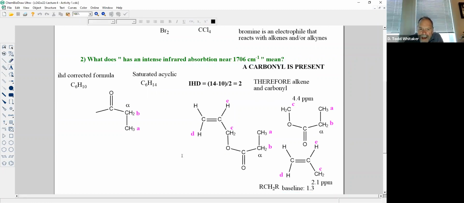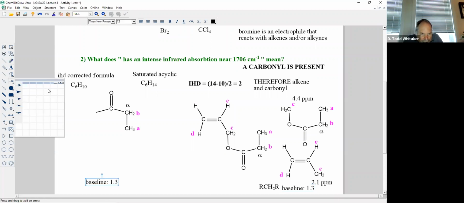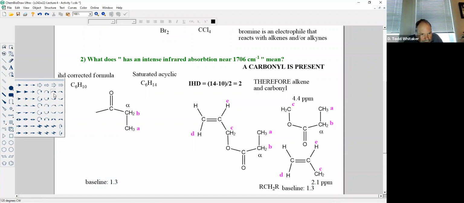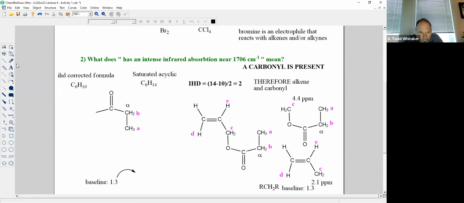So what was the effect? This argument's going sideways now. There's two things going on. Baseline, I wanted the curved arrow. Goes up to 4.4 is one category. And the other one is baseline going to 2.1.